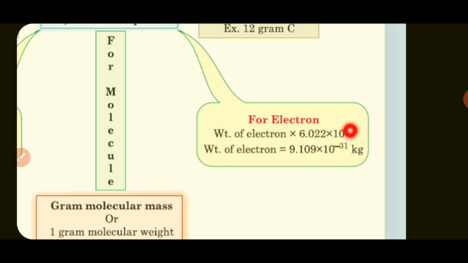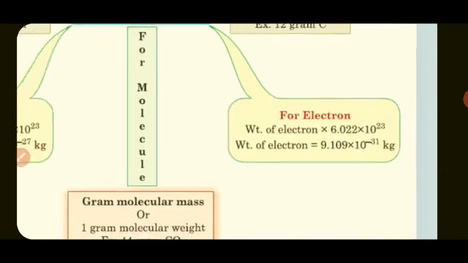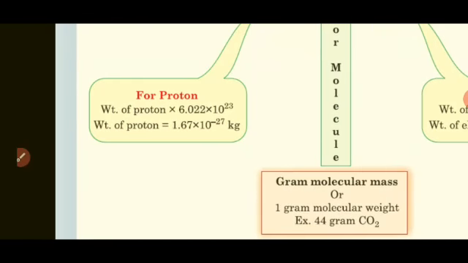For 1 mole, we have to multiply by this number, 6.022 into 10 to the power 23. Similarly, for a proton, the mass of a single proton is 1.67 into 10 to the power minus 27 kg. So for 1 mole, how much is it? Weight of proton into 6.022 into 10 to the power 23. If we multiply with this number, we will get the mass of a mole of protons or electrons.